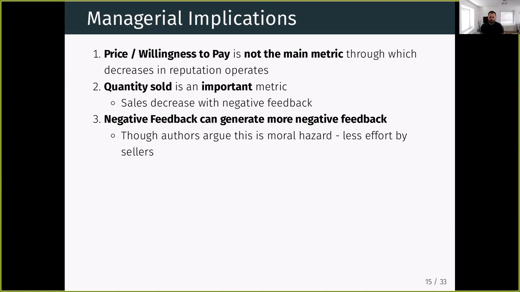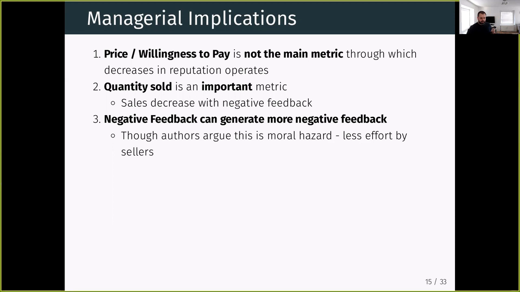But in the paper, the authors, Cabral and Hortaçsu, tell us that that might not be the only thing going on. So they think it's some idea of moral hazard, where once you start getting negative feedback as a firm, you start to care a little less and you put in a little bit less effort. So then you're more likely to get negative feedback in the future. So there's those two things going on, and they're not going to be able to separate that.